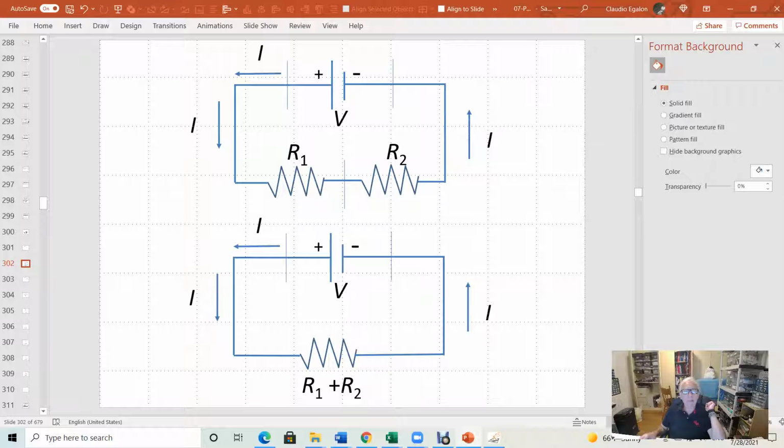We use Ohm's law through resistor 1, which is V1 equal to R1 I. Ohm's law through resistor 2 is V2 equal to R2 I. Okay, so let's do that.